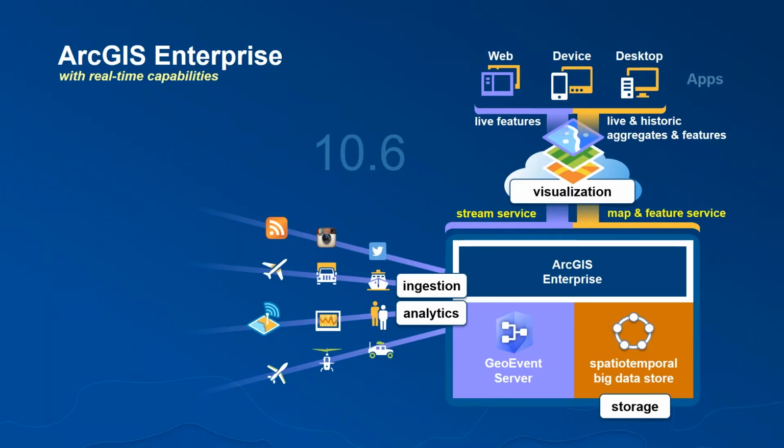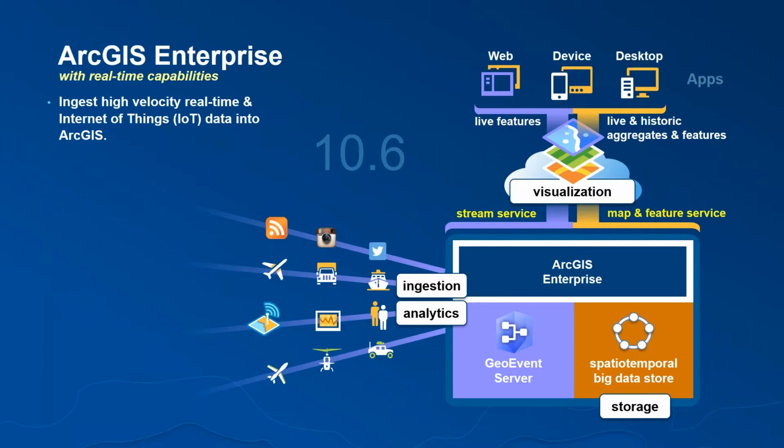So let's have a look at the architecture of Esri real-time technologies. On the diagram here, you see on the right GeoEvent Server and the Spatiotemporal Big Data Store, which are part of the ArcGIS Enterprise umbrella. Outside of that, we have the application level on the web, device, or desktop that will interface with ArcGIS Enterprise.